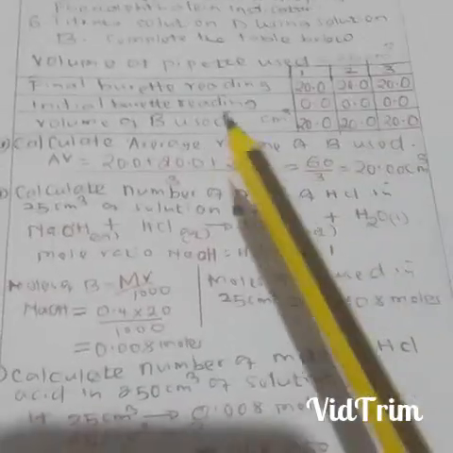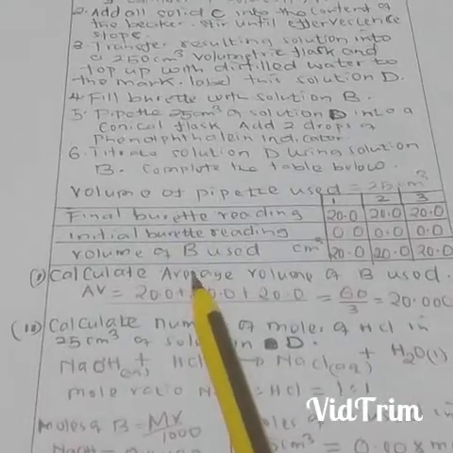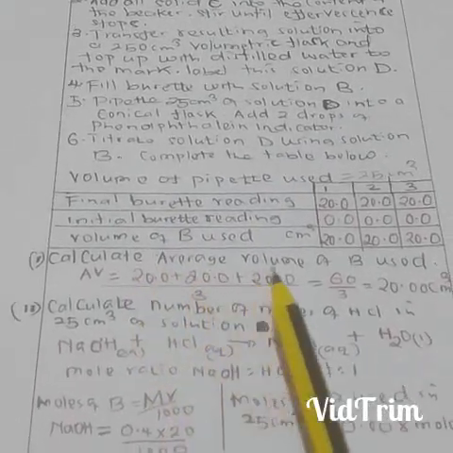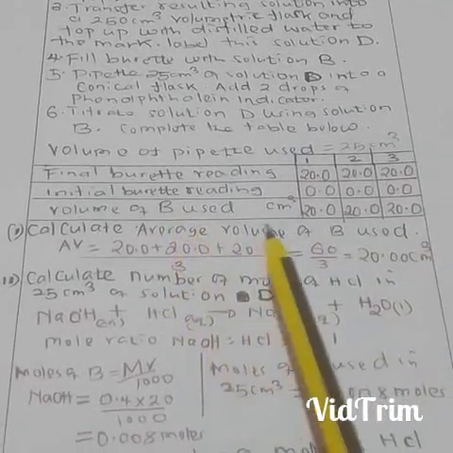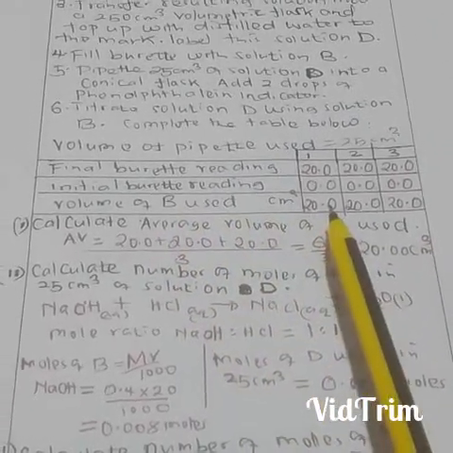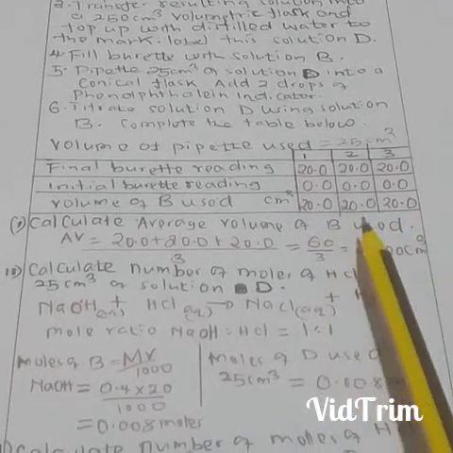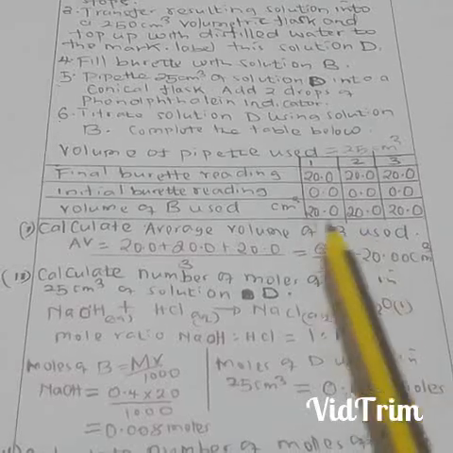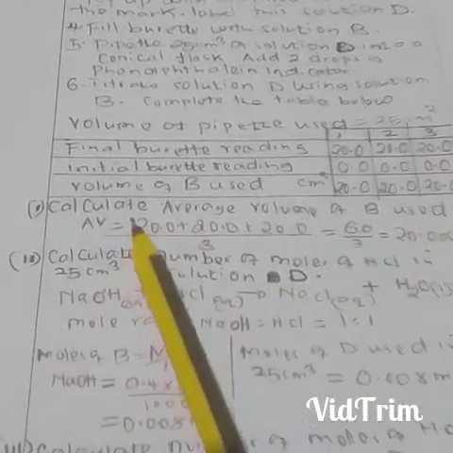So for example, in question Roman 1, from what we have been doing, calculate the average volume of B used. So the average volume of B used, it is here in the table. So you take the 3 consistent values, then you average them, you divide by 3 because there are 3 titrations. Just watch and see.